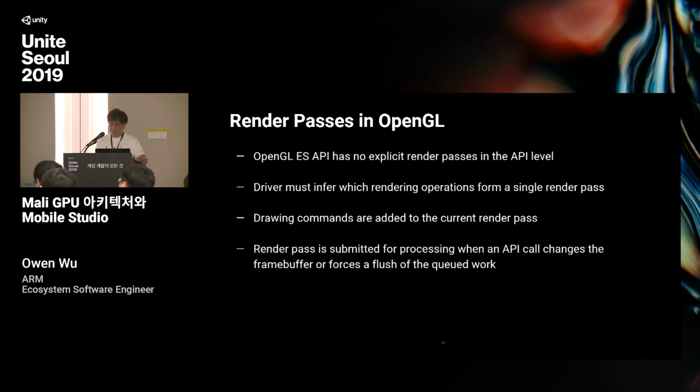But the OpenGL ES API has no explicit render pass at the API level, right? So the driver must infer which rendering operations belong to a single render pass. So how does the OpenGL ES driver form a render pass? Basically, the driver will add a draw command to the current render pass, and the render pass is submitted for processing when an API call changes the frame buffer or forces a flush on the queued work.